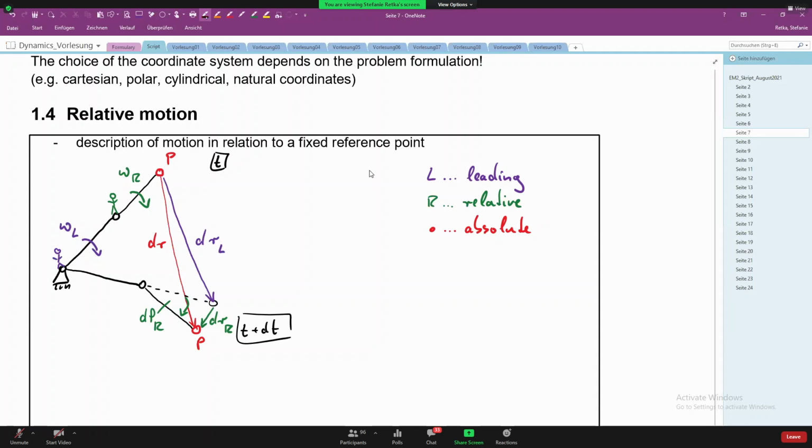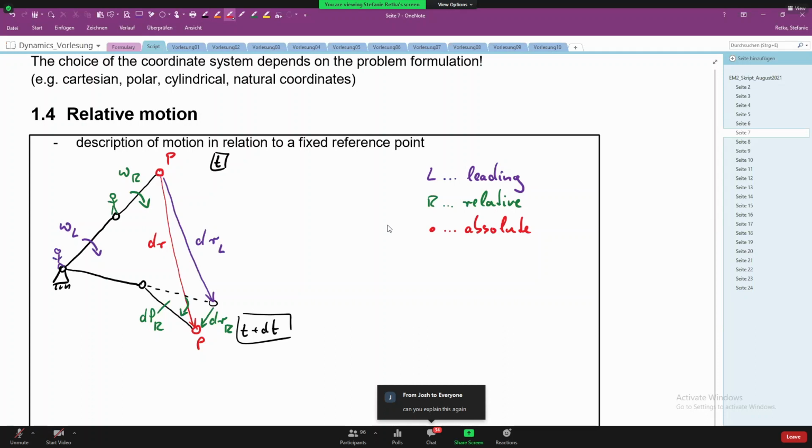And now, knowing this, we can write this equation as a vector equation. With this vector equation, we are able to describe the change in motion for the position, the velocity, and the acceleration.